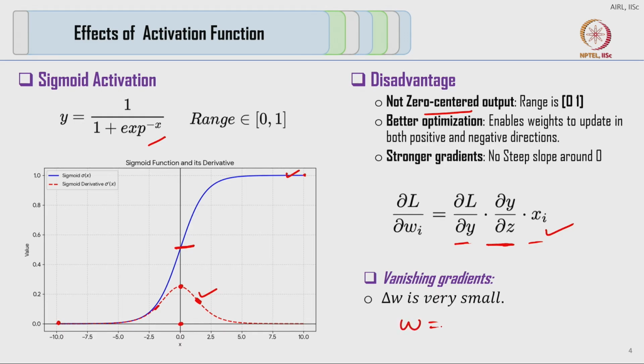We have seen that the update to the weights is given as w equals w plus delta w, and this delta w relates to dou L by dou W. Now essentially if the magnitude of the derivative of the activation function, which is dou Y by dou Z, is very small, which we can observe from here that it is actually very small, right, then the overall delta W would be very small, and hence there would not be a meaningful update in the weights during the learning algorithm.